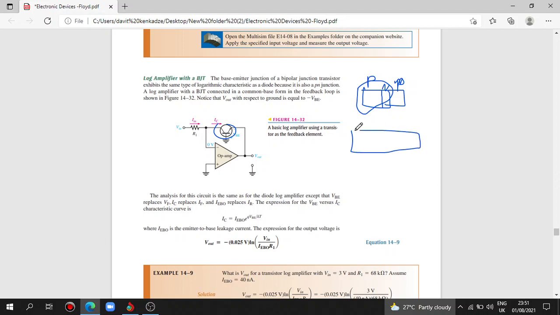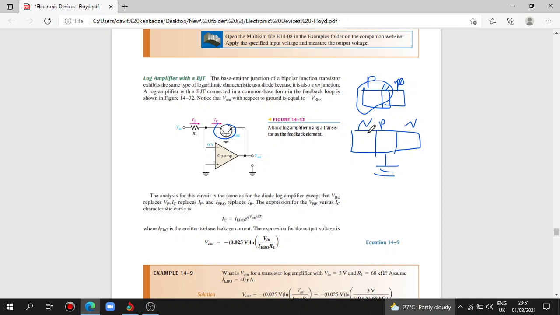So we have something like this: NPN, because this arrow goes from P to N, and the base is grounded.